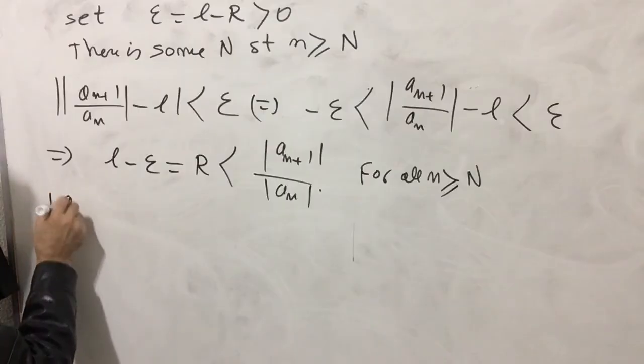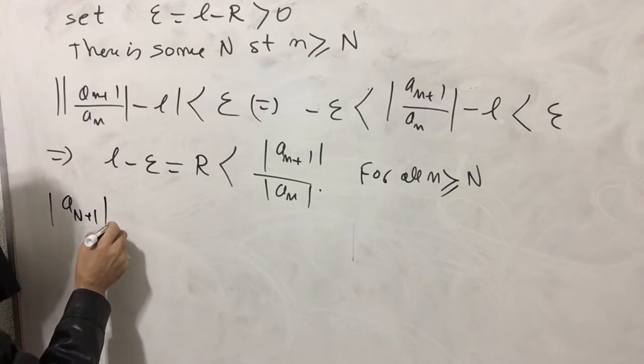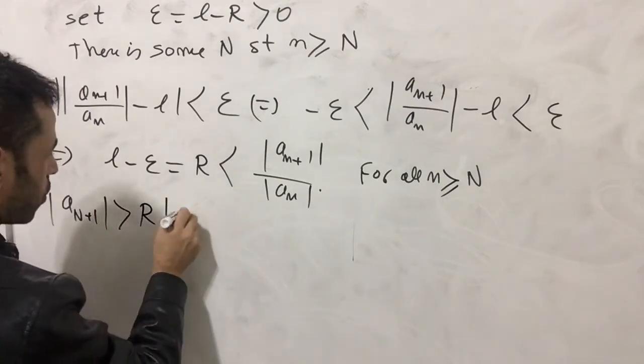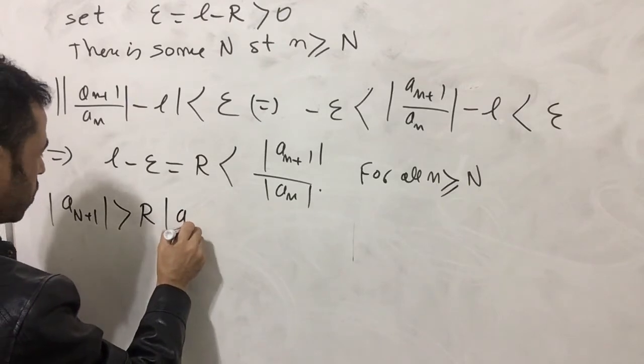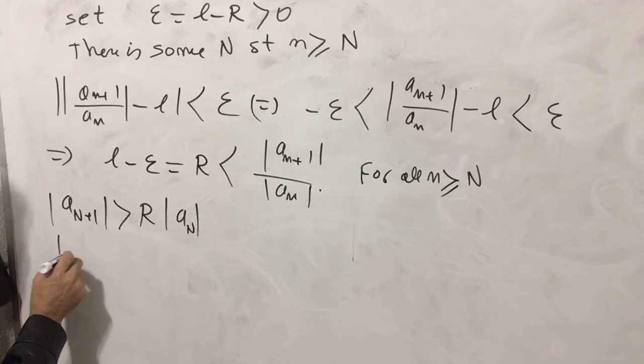So we'll have the absolute value of A sub capital N plus 1 strictly superior than R multiplied by the absolute value of A sub capital N. I'm going to move on to the second term of this sequence.